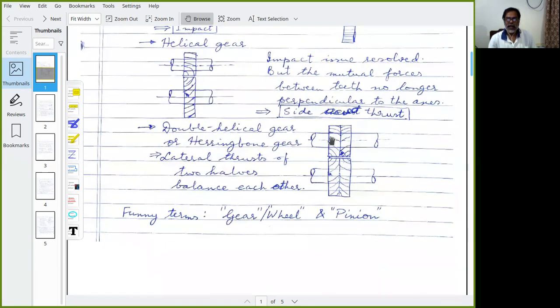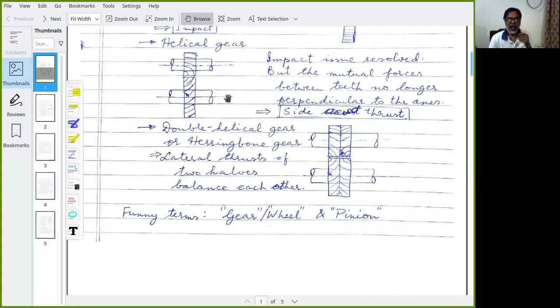That way, the lateral thrust because of this part and the lateral thrust because of the other part will get counterbalanced. So this is called double helical gear and also herringbone, because you see the backbone of a herring in that kind of a picture. So this is called herringbone.